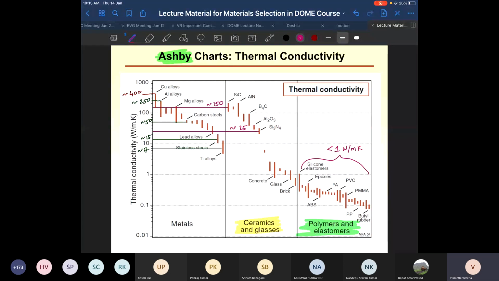Why does thermal conductivity of materials play an important role in machine design? Because of rotation of the motors and other shafts, some heat is generated, so it may affect the material.